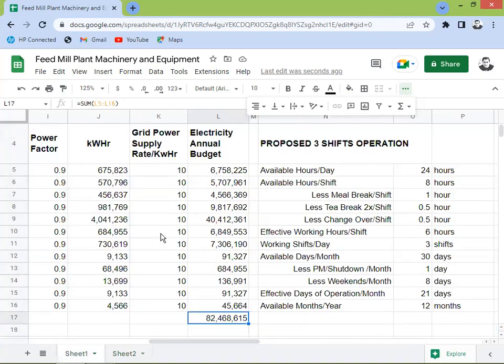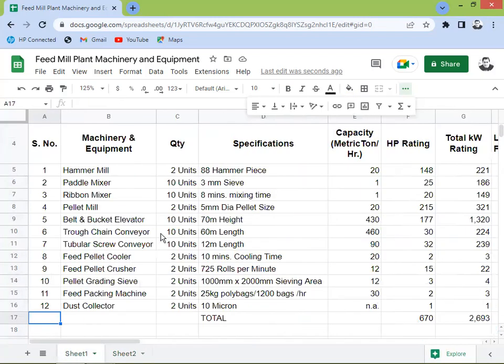Okay. So just a recap. What we need to do is we're going to get the machinery, and how many units you're going to need for your operation. The specification is just for your own use, for your information. Then also your metric tons capacity.